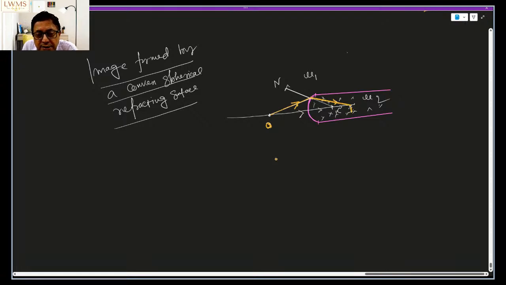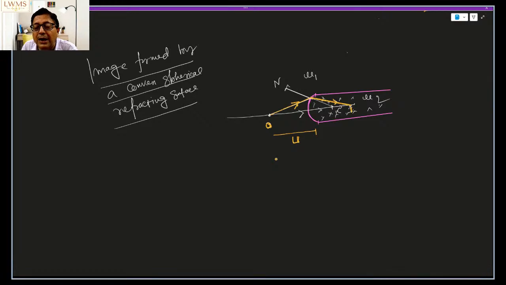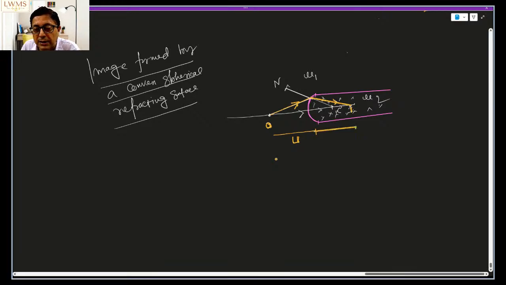You need to find the distance between them. The object distance is U. The image is formed here, at I, so this is going to be V. And the radius of curvature is R.